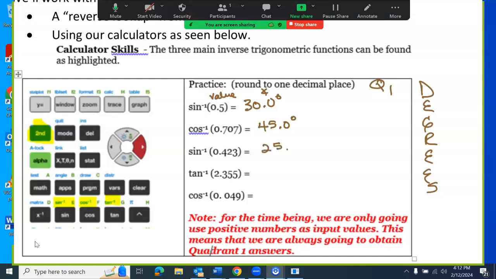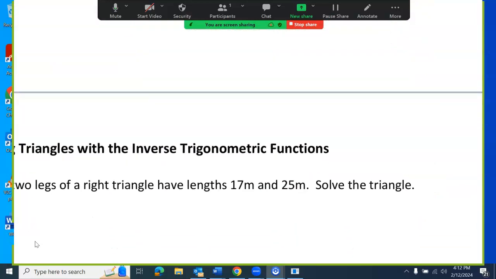This will be 25.0 degrees, 67.0 degrees, and 87.2 degrees. Okay, so we're only doing quadrant 1 right now. Make sure you can get these inputs on your calculator.